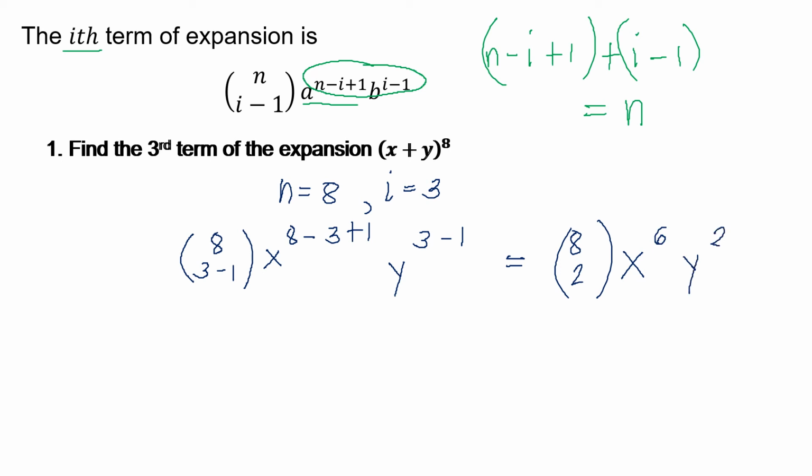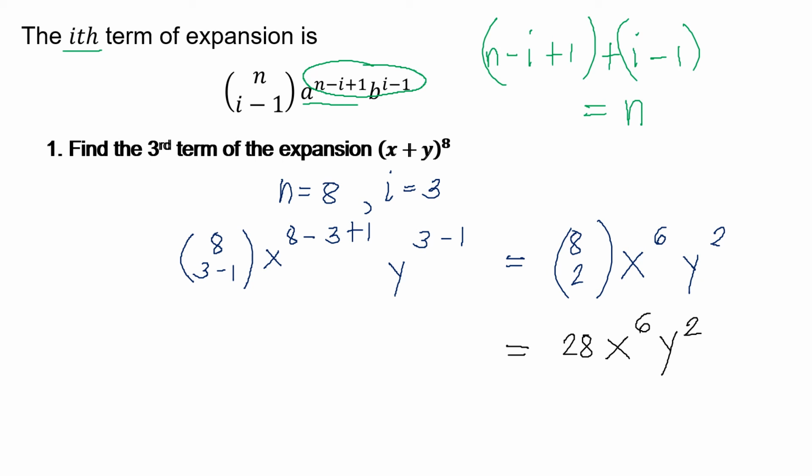If we add the exponents 6 and 2, that will give us 8. So this is 8 taken 2, and our answer is now equal to 28x raised to 6 y raised to 2.